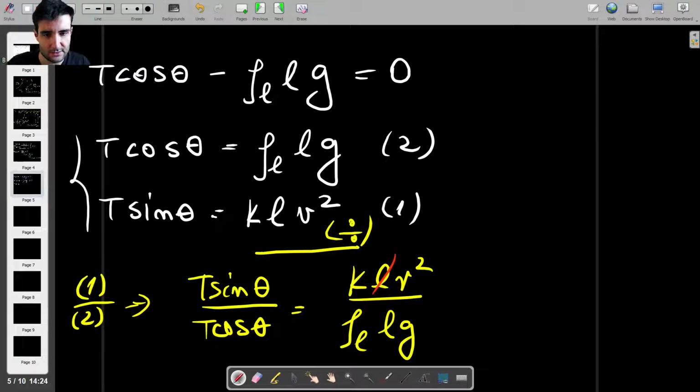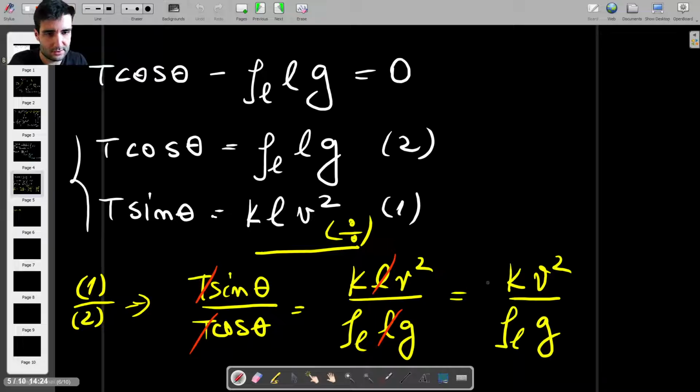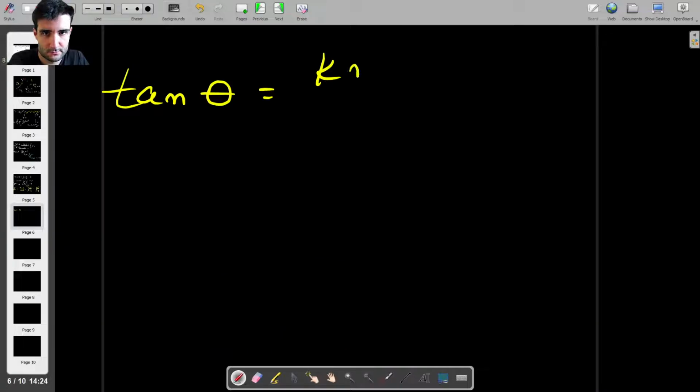You can see that this doesn't actually depend on the length of the cable, so that cancels out, and this equals K V squared over the linear density of the cable multiplied by g. The T cancels out as well, and we end up with sine over cosine, which is tangent. So we end up with tan theta equals K V squared divided by the linear density of the cable times g.